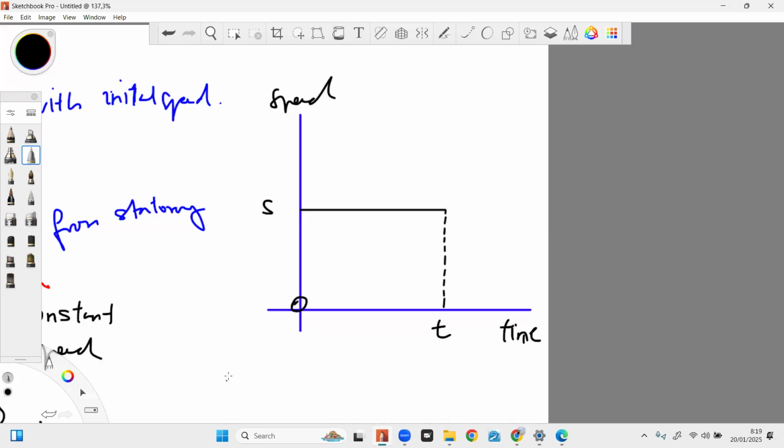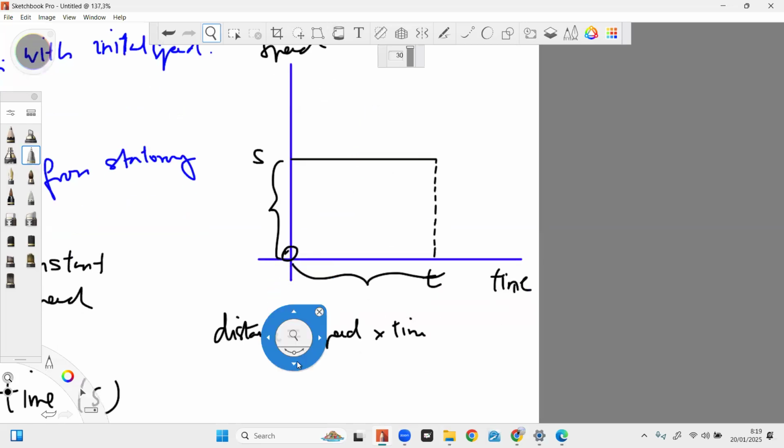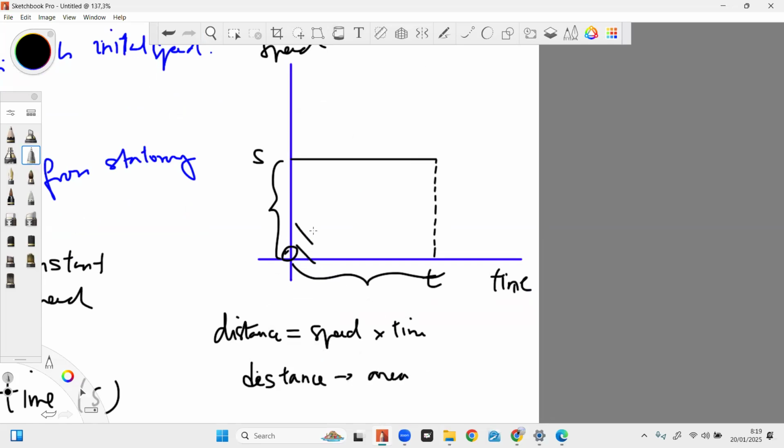How do you find the distance traveled? The distance traveled is always speed times time, right? So distance equals speed times time, which is equal to the area under the graph. Make sense? So the distance is equal to the area under the graph.